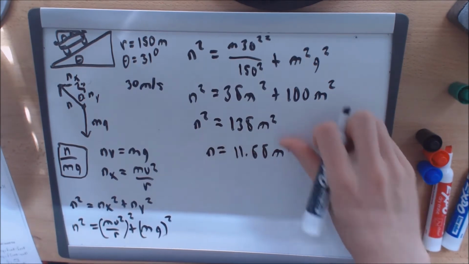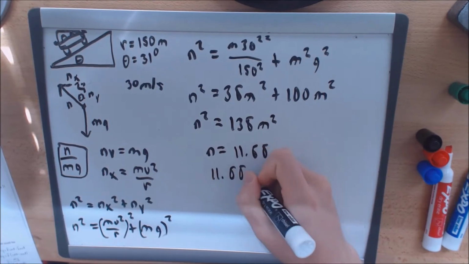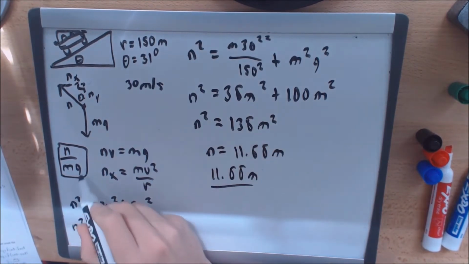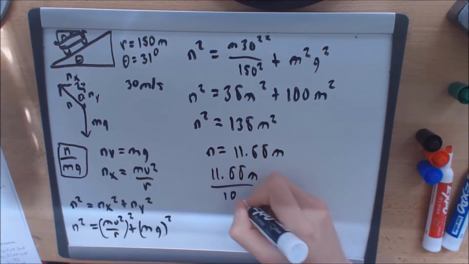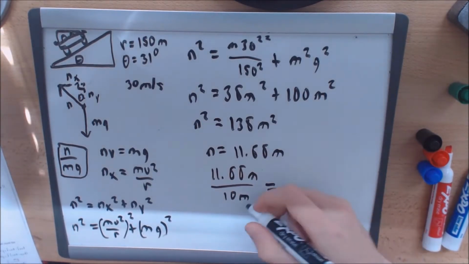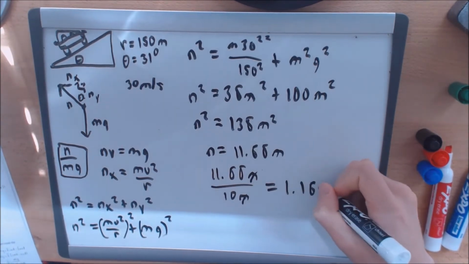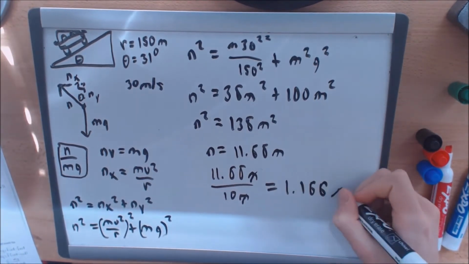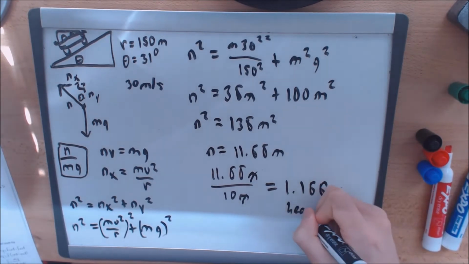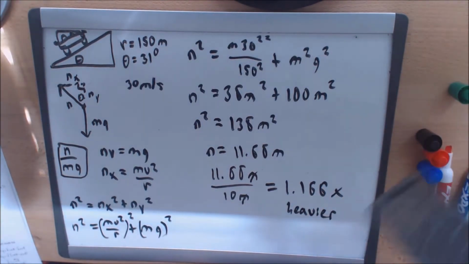So we'll get 11.66 m over mg, and we know g is 10, so over 10m. The m's will cancel. The driver is going to feel 1.66 times heavier. All right, great.